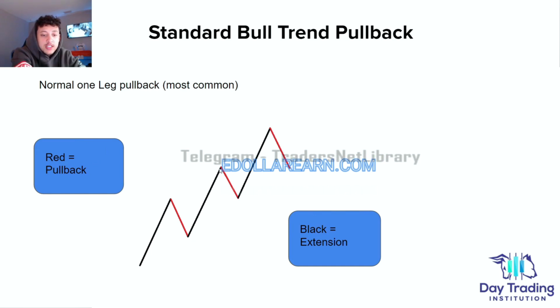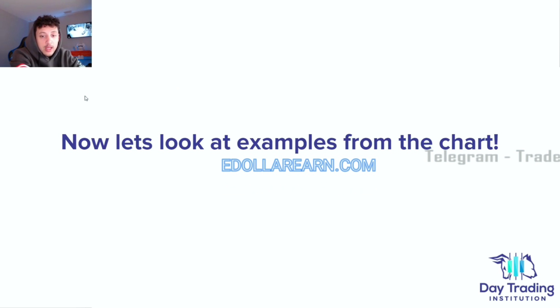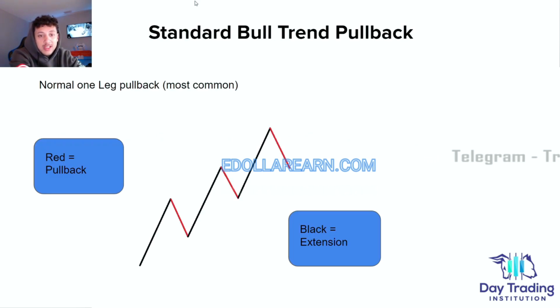Notice we call this an extension because when price continued with the trend, it extended higher than where the pullback actually started. Notice where this pullback started and ended, and the extension started at this point and ended at this point. It's getting higher and higher each time, hence the name extension. That's an example of a standard pullback within the market.